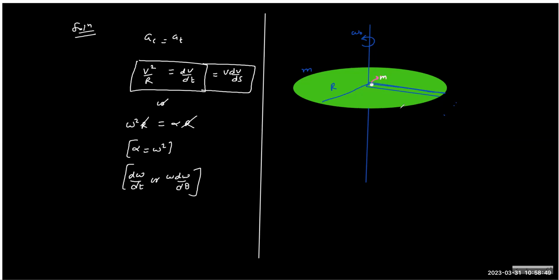And this mass m at t equals 0 starts sliding away from the axis because it is not at the axis. It is slightly off the axis.